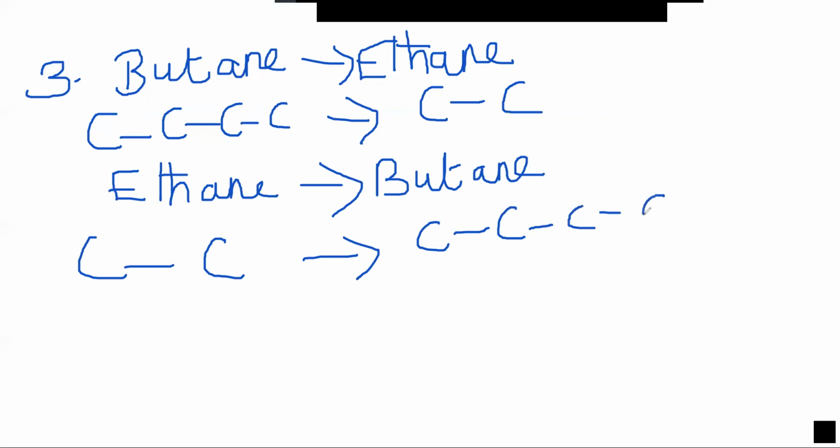Butane is 4 carbon atoms. How to do this? As I have already told, when the number of carbons doubles, the reaction will involve the Wurtz reaction, because only with the Wurtz reaction can you double the carbon atoms.